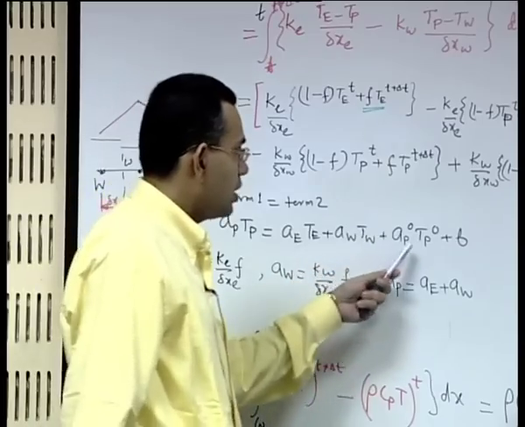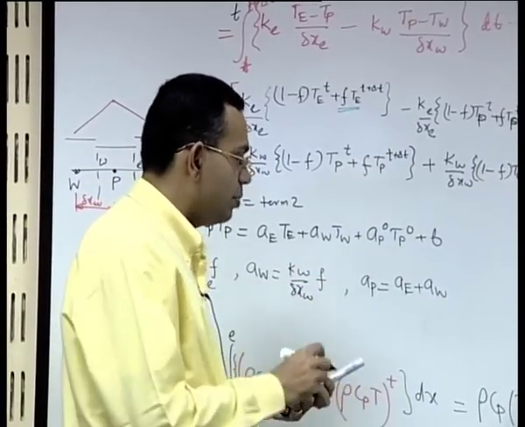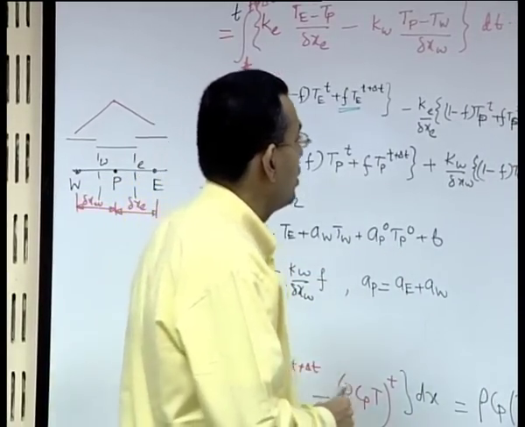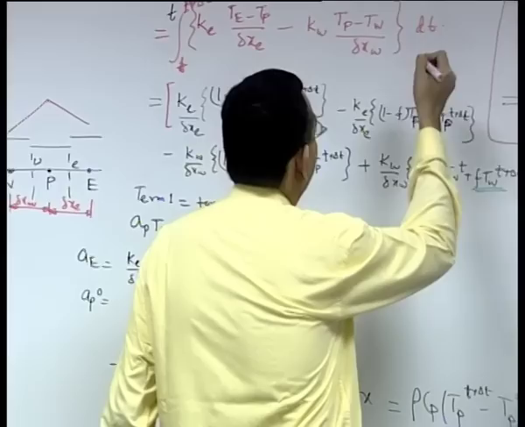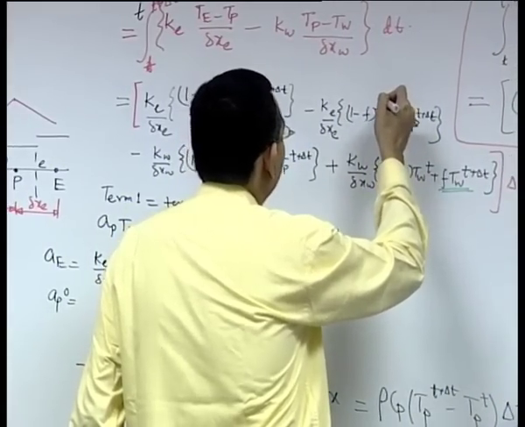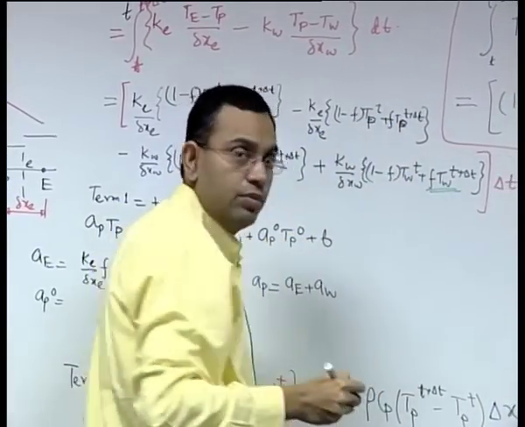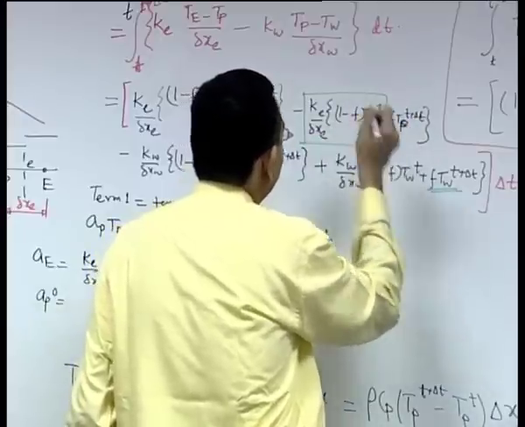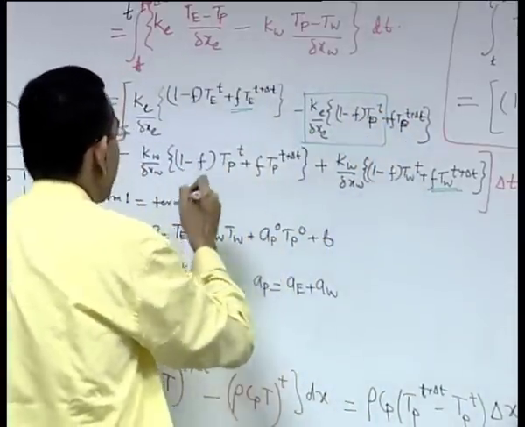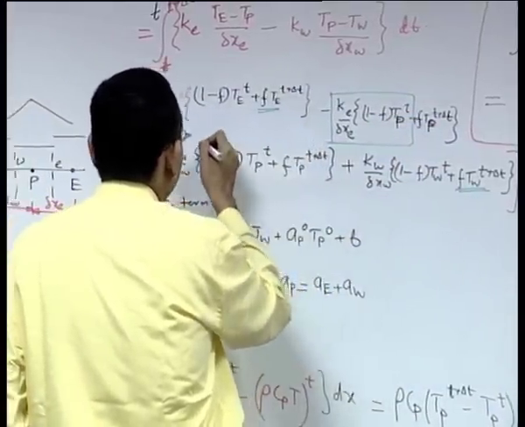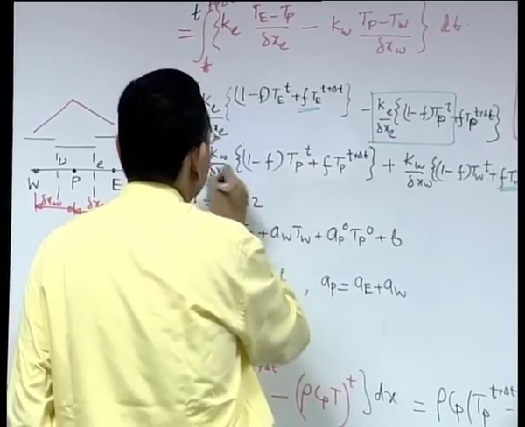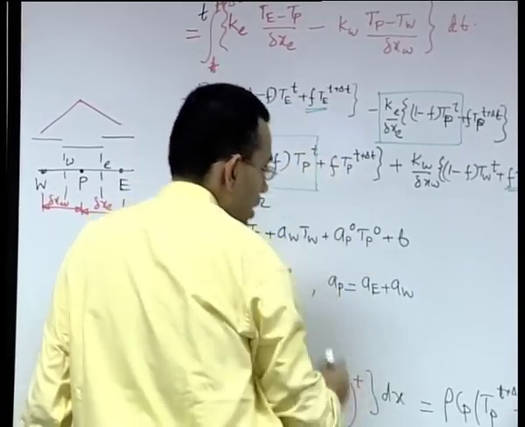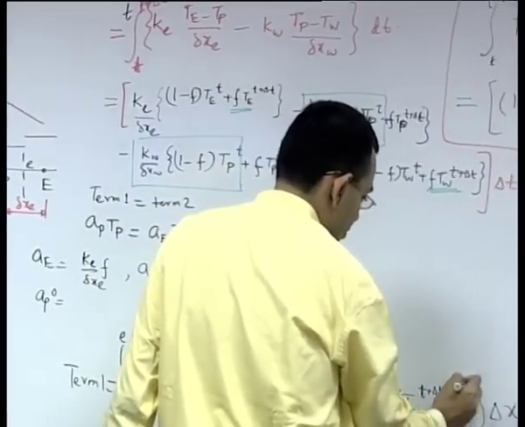AP0 is the coefficient of TP0. Where is TP0? You have TP0 in both term 1 as well as term 2. So, you have one TP0 here, another TP0 here and the third one here.